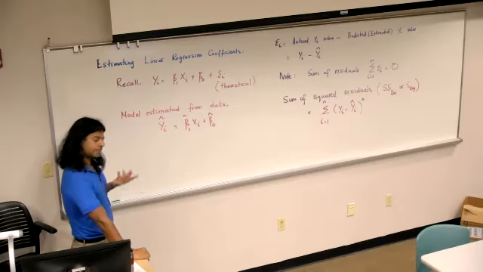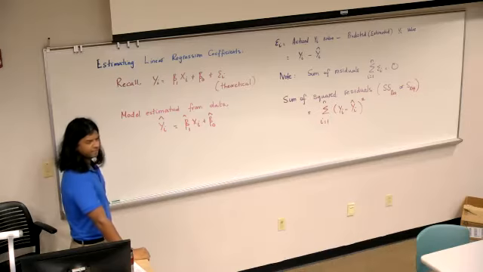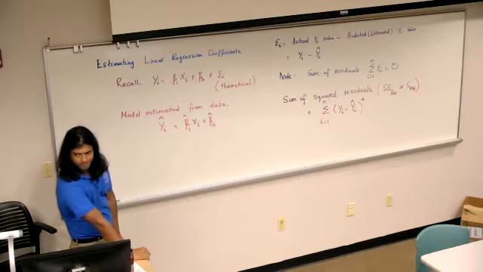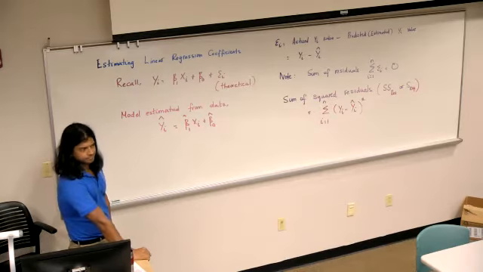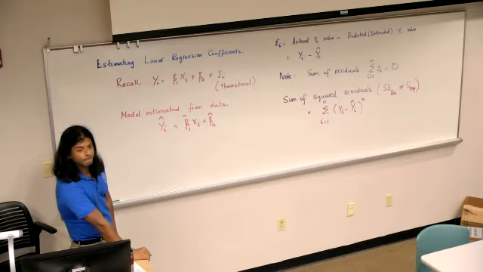Another explanation, simpler than that, without even getting into epsilon i: because you're estimating, it doesn't have to be exact.